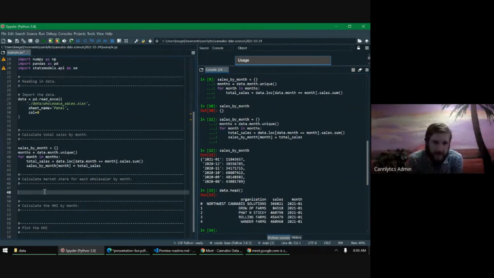This is probably not going to be the most elegant way to do things, but we'll come back and we can refactor as need be. But let's just iterate over the data frame. So let's just create a series.